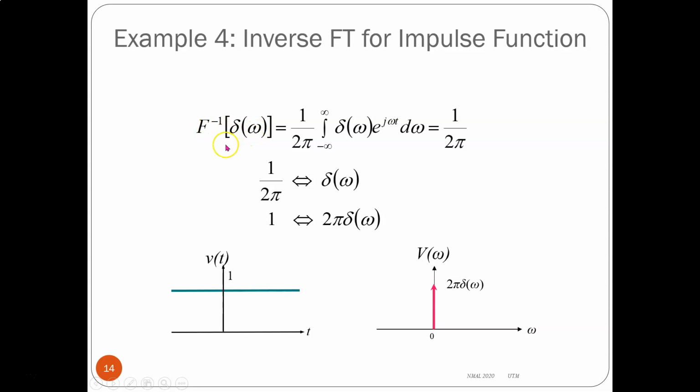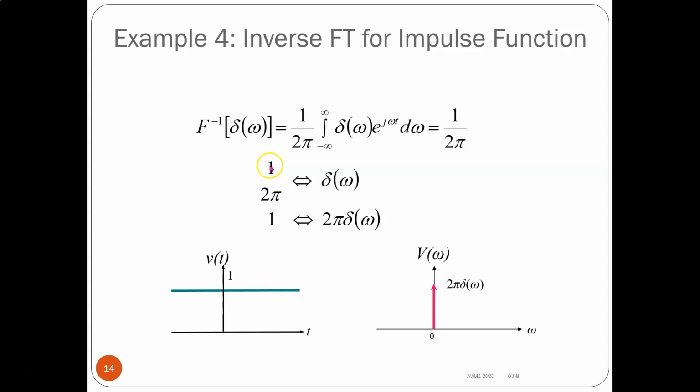Because this is the inverse of Fourier transform, it means that you want to go from frequency domain into time domain. So using the formula 1 over 2 pi integrate negative infinity to infinity delta omega multiplied by exponent j omega t, without any negative, d omega. Solve for this, you will get 1 over 2 pi.